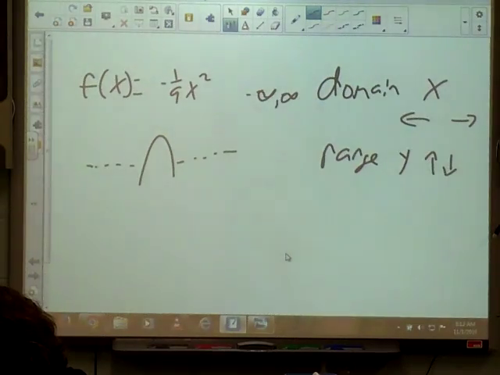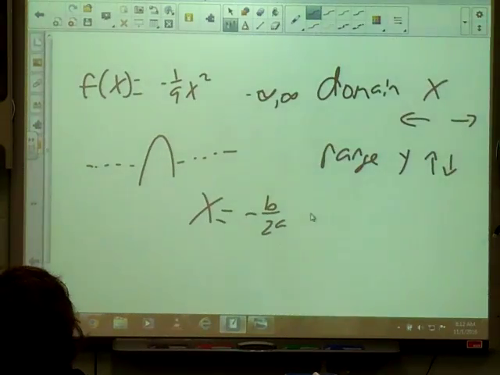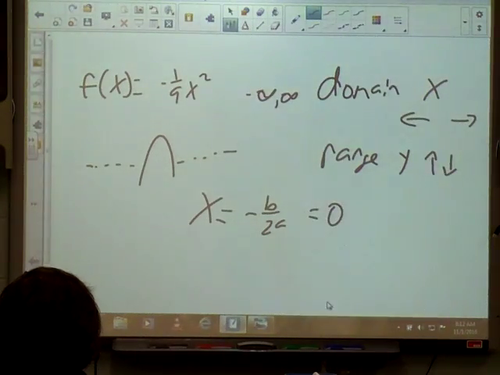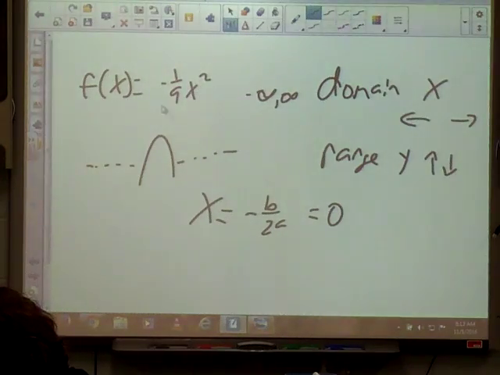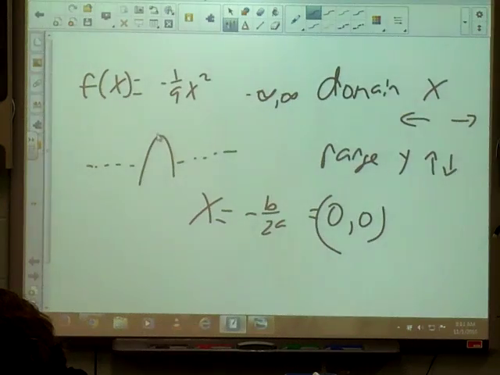Okay, the range up and down, if I found the vertex of this, and you could get it by looking at your calculator, so to find the vertex, you start by doing negative b over 2a, ax squared plus bx plus c. This doesn't have a b. So 0 divided by anything is 0. So the x coordinate of the vertex would be 0. Then if I plug that back in for x, 0 times negative 1/9 is also 0. So that thing has a vertex at 0, 0.